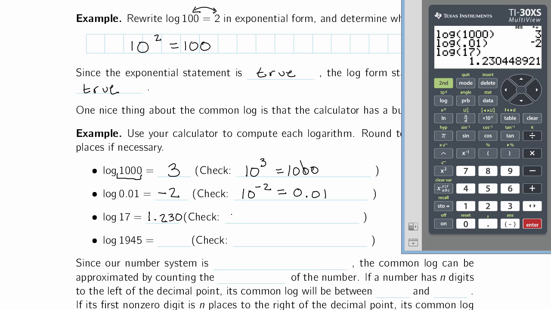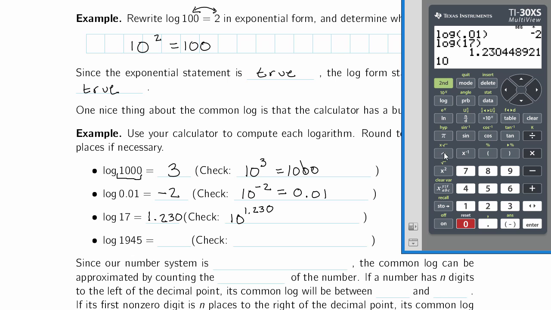Now, if we check that, 10 to the power 1.230, we can do that on the calculator either by typing in 10 to the power 1.230, or you'll notice that it gives us this 10 to the x as the second function on our log. If we hit second log, that punches in 10 and puts us in the exponent.